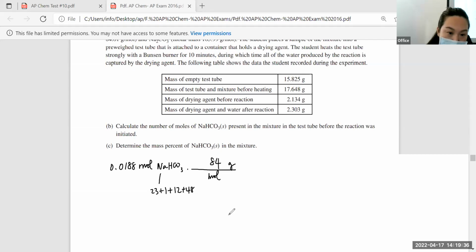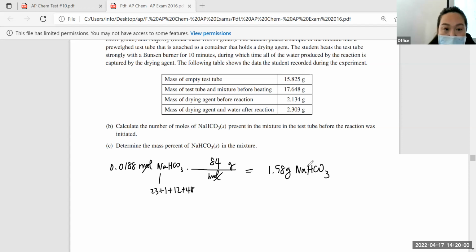Multiply by 84 grams per mole. The moles cancel out, and we get 1.58 grams of NaHCO3.